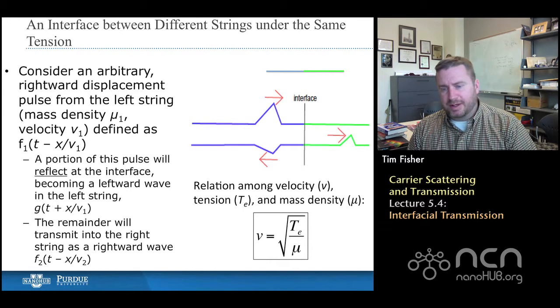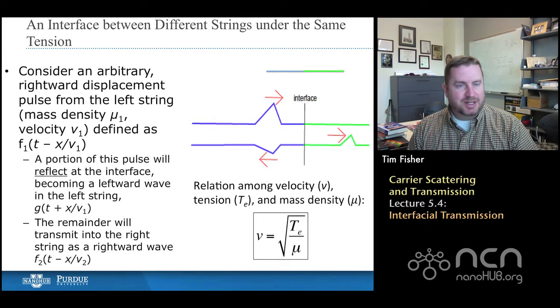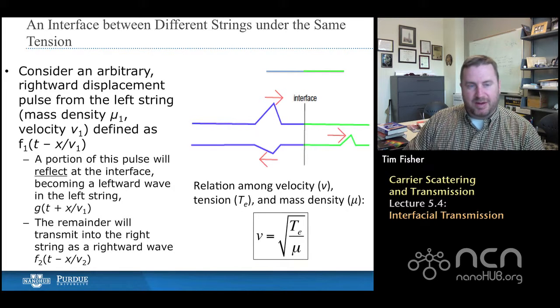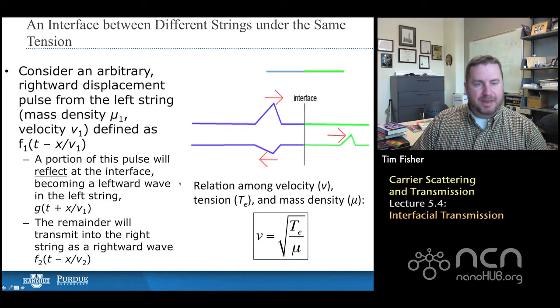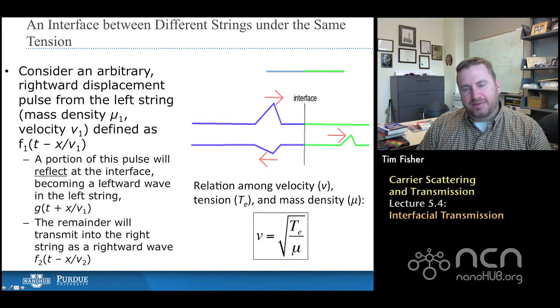We're going to start by going back to some of our original concepts, a chain of atoms. In this case, we're going to take the continuum approach and talk about strings that are under tension, but they have different mass densities. The mass density we'll call mu, and that'll come up a few times later, so just remember that.